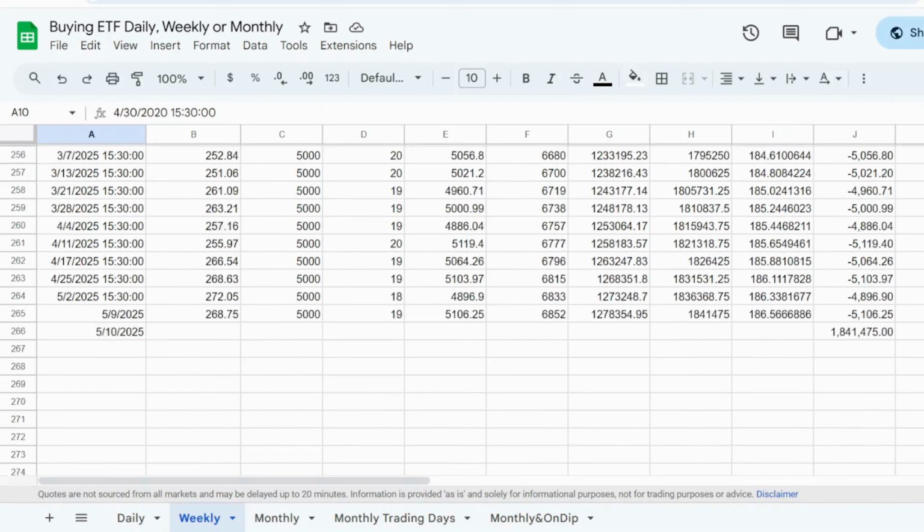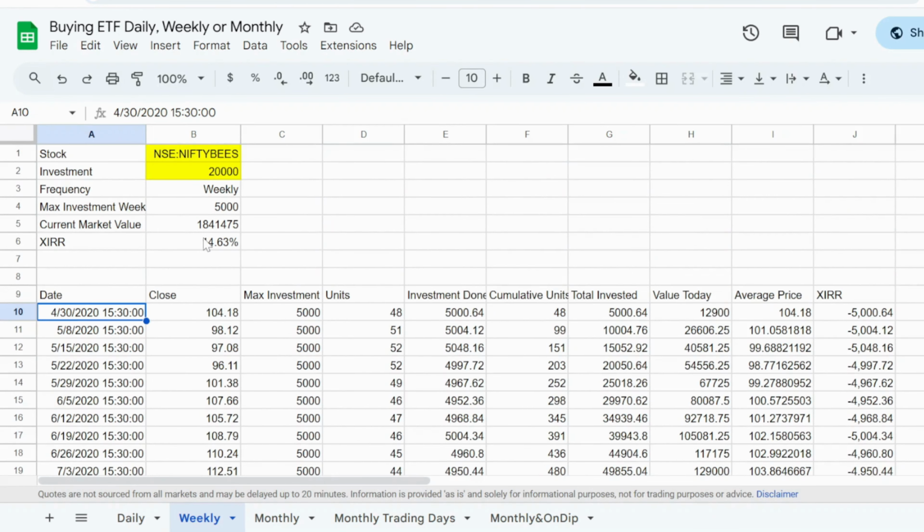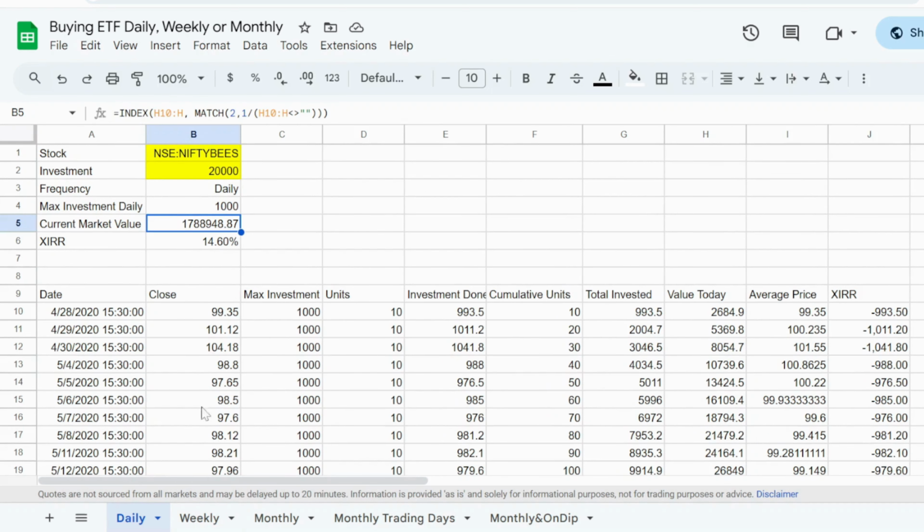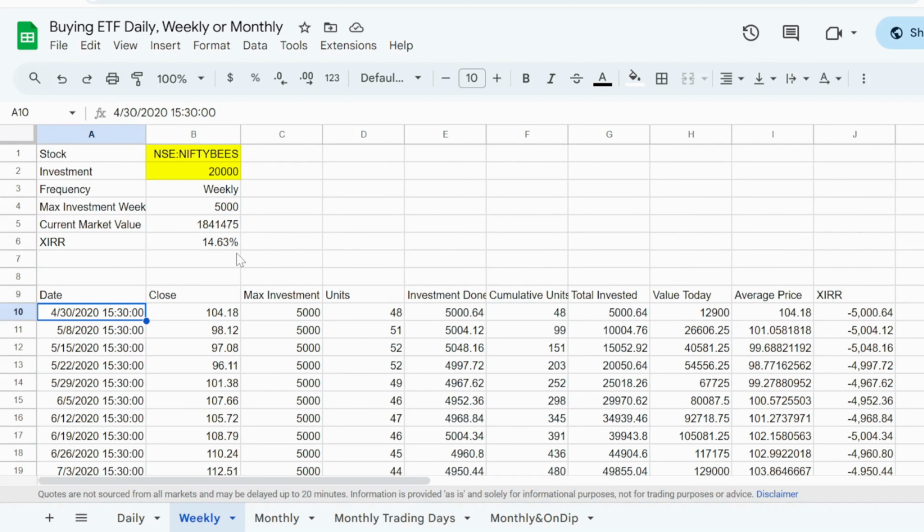Okay, so now the current market value is 18,41,475. Okay, and the XIRR is 14.63%. As you can see, it is little more than the daily. So daily was 14.60%, the weekly is 14.63%.